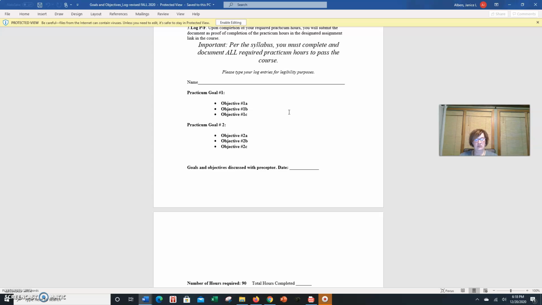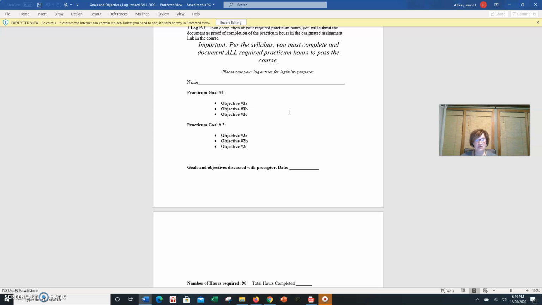One of your journals may be specific on some leadership skills or maybe some communication skills. If you want to focus on finances as one of your goals, you may have one of your journal entries be specific on finances, and that would be the measurable way to show that you're achieving that particular objective.